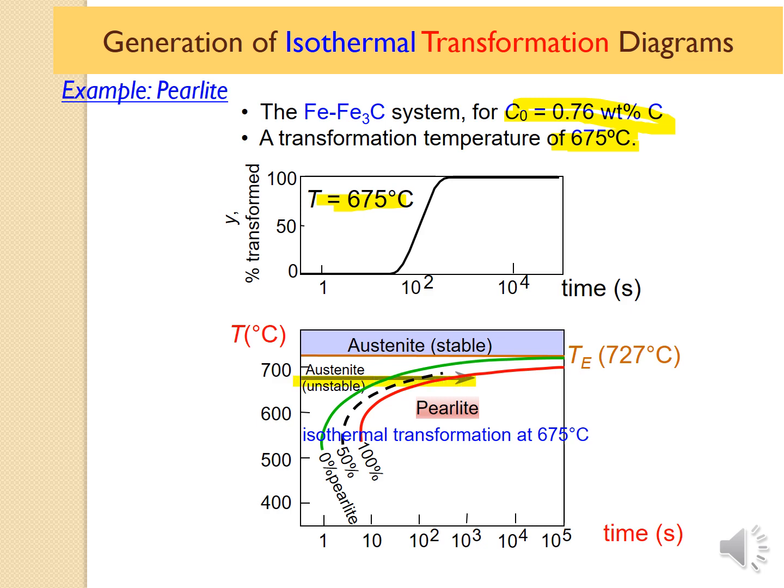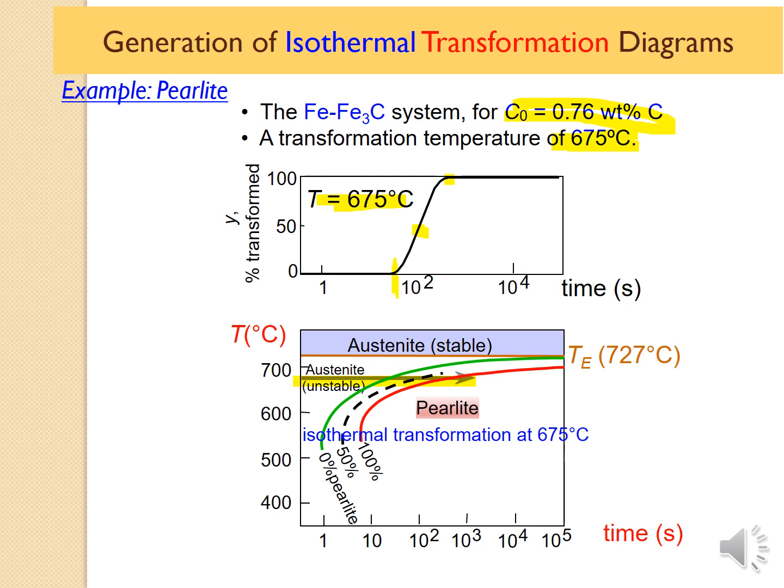Our goal is to measure the time when the transformation starts, the time when 50% of the transformation is finished, and the time when the transformation is 100% completed. So we measure the time as well as the amount of transformation.